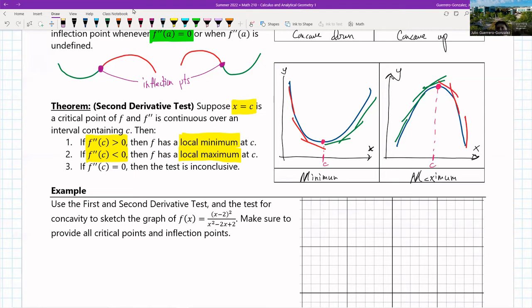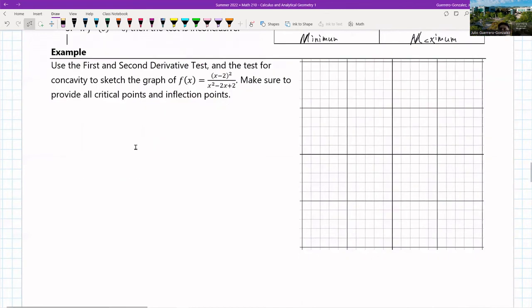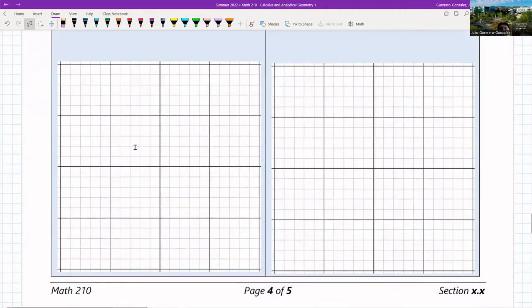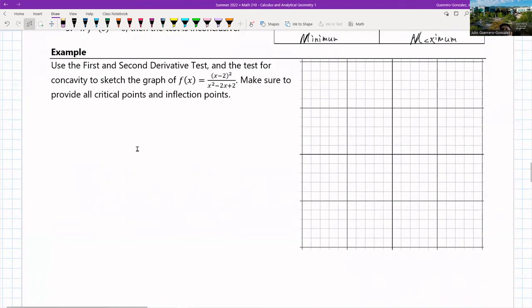Let me go ahead and do this very last example. This one's going to take a really long time and a fair amount of space here. Let's use the first and second derivative test, and the test for concavity, to graph this and see if we can sketch it.